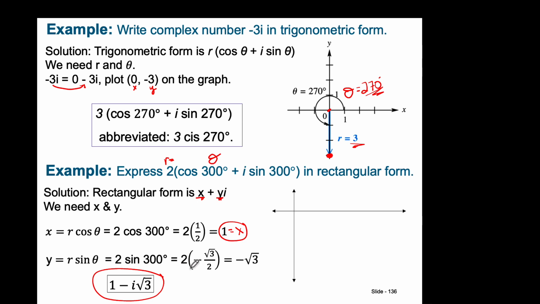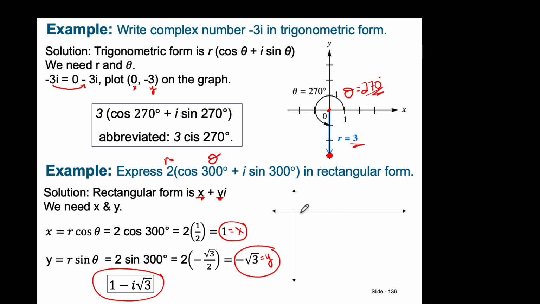That is 2 times negative radical 3 over 2, which is negative radical 3. We have found y. And that's all we need. We need x, we need y, and we can write this in rectangular form. It's 1 minus i radical 3. That's y and the imaginary i.